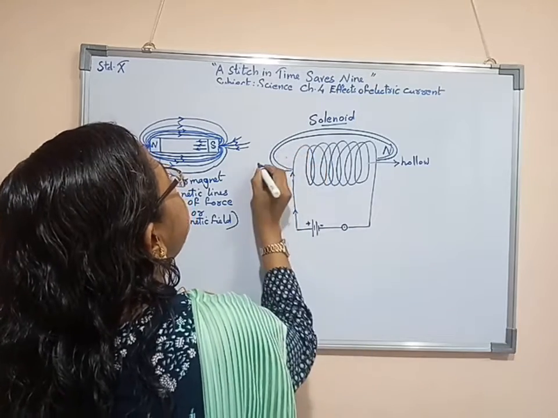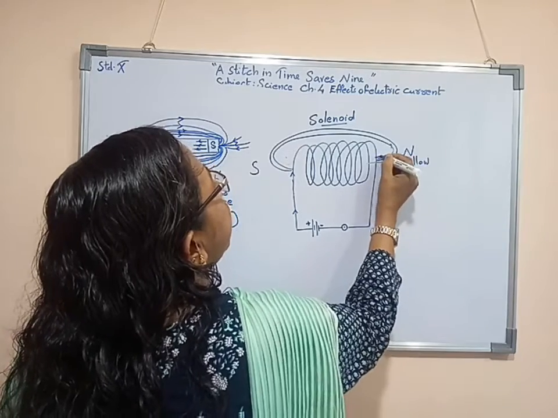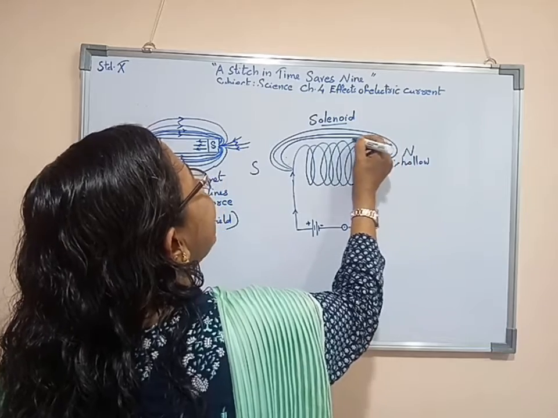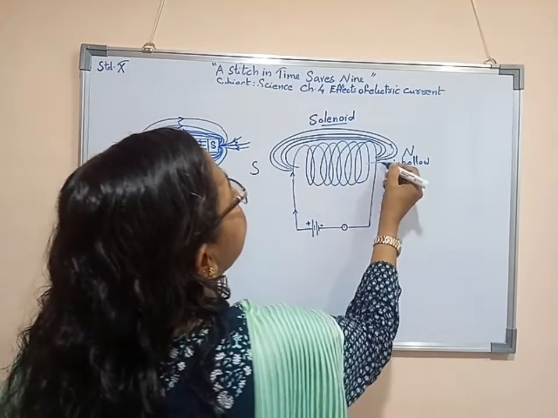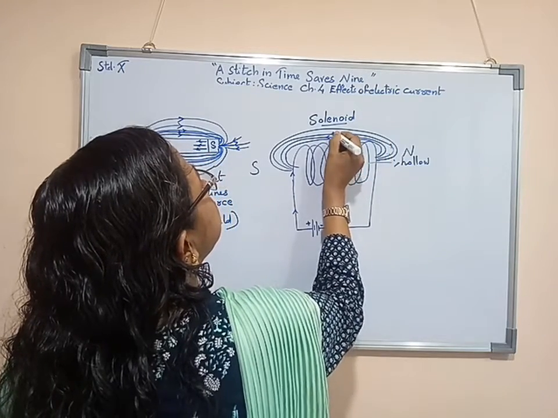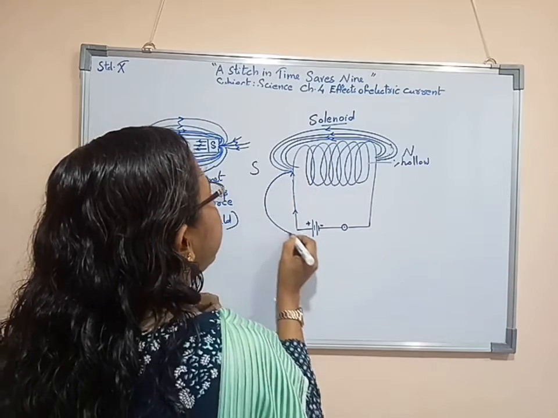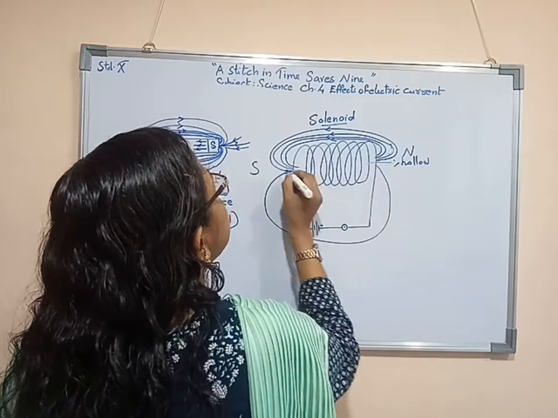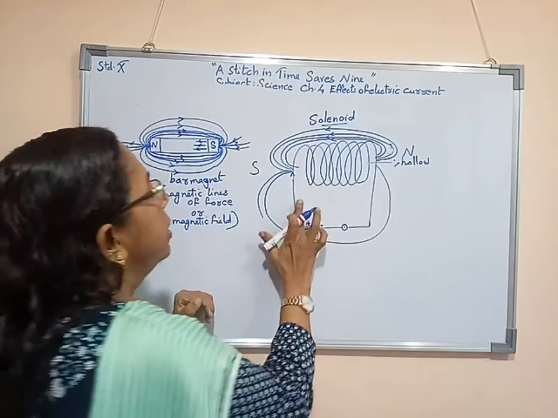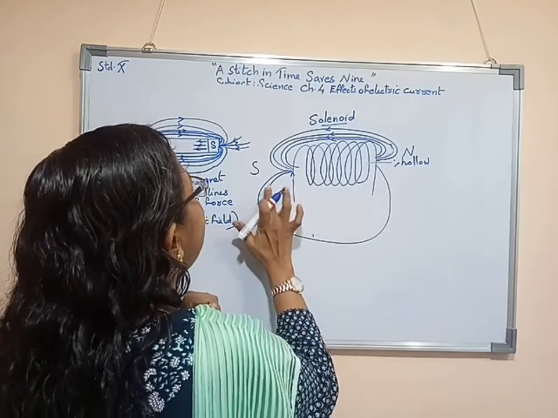Here I am writing outside. Everything is happening as in a bar magnet. Magnetic field lines go from the north pole to the south pole. Similarly here also I am making it, and I am making its size smaller because the magnetic field lines won't be so large.